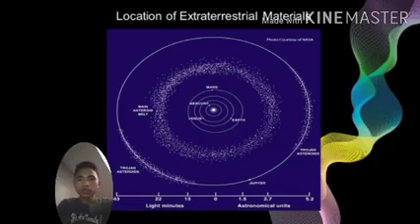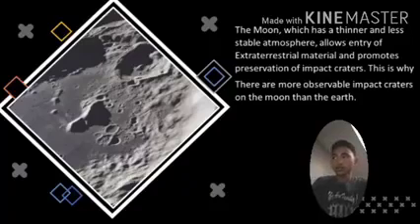We will use the moon as an example of how dangerous it is to be hit by extraterrestrial materials. The moon, which has a thinner and less stable atmosphere, allows entry of extraterrestrial material and promotes preservation of impact craters.